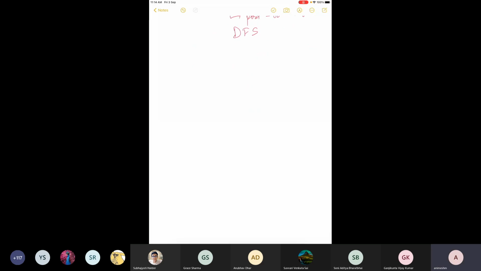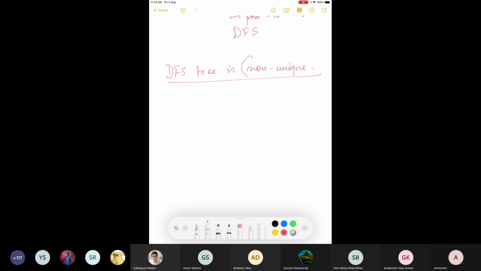Okay, so by now, I guess you have already understood that a DFS tree is non-unique. So a very simple example.